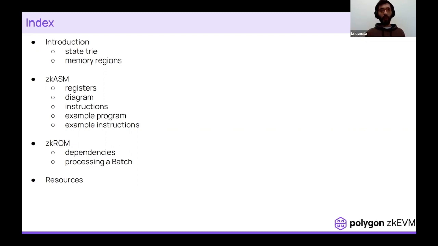We're going through all the registers that are implemented. We're going to see a diagram and instructions, and later some small example. This small example will be basically an introduction to see how we implement the zkEVM afterwards. Okay, so let's start.